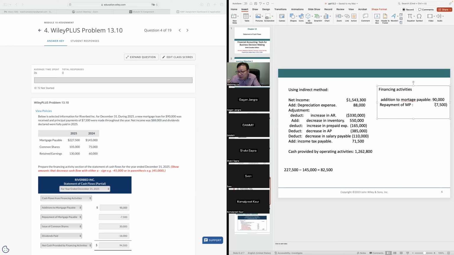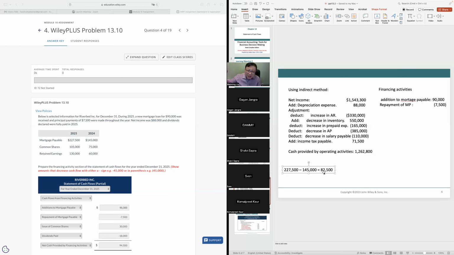Now think about the difference: 90,000 minus 7,500. What is that? That's 82,500. Now you understand why the mortgage payable balance increased by 82,500.